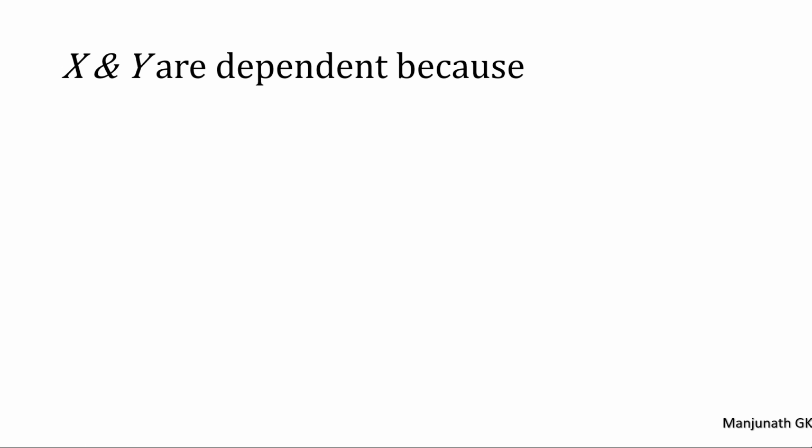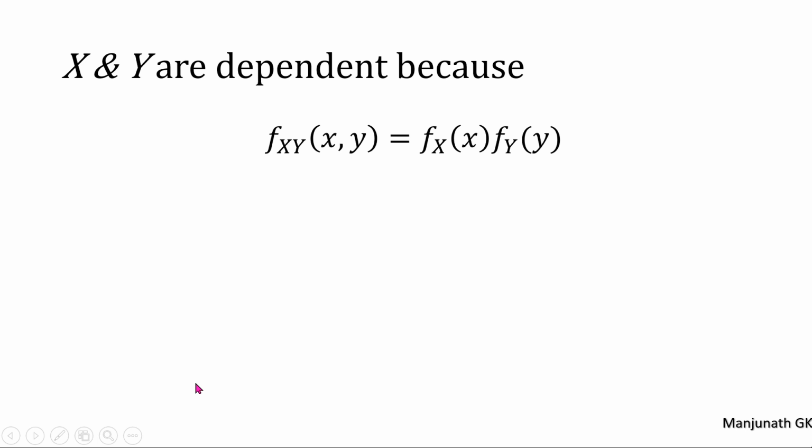The last point is: are x and y independent in nature? This task is for you. I will give you a hint. The bivariate PDF should be equal to the multiplication of the individual PDFs.